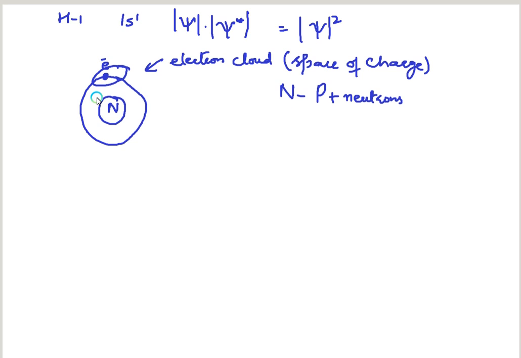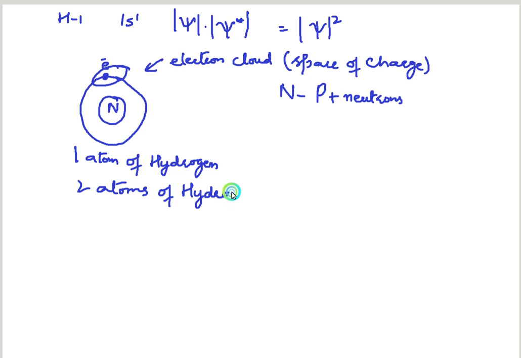Now, for example, here we have one atom of hydrogen. Suppose we have two atoms of hydrogen. What is going to happen? One atom here, like this.